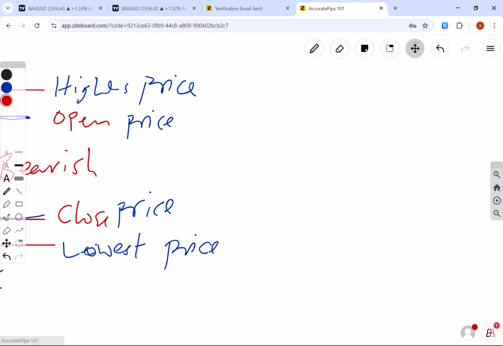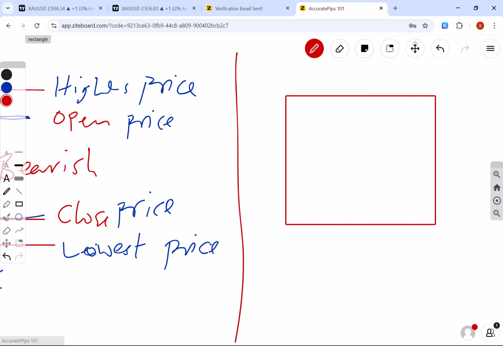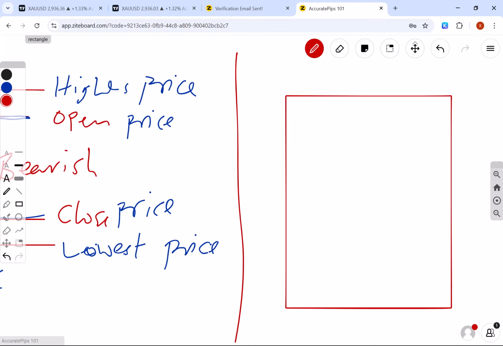Okay, how is it formed? So this is what happens. Let's take it that this is our chart. Then what is going to happen is that price opens here for the bearish candle.